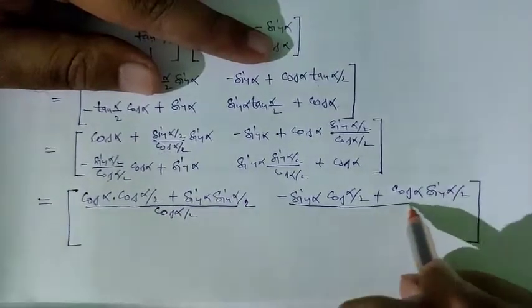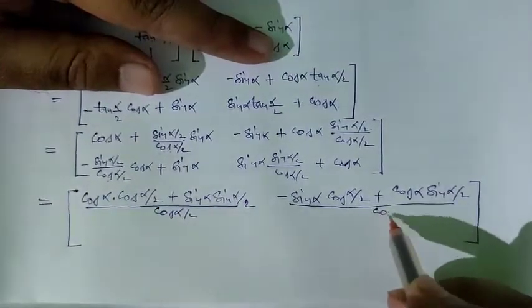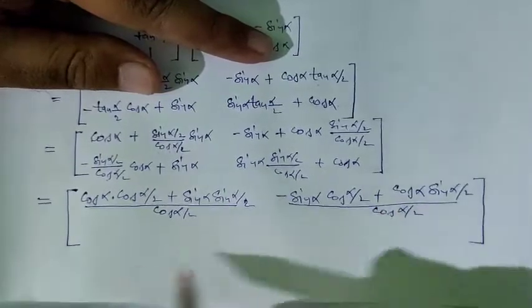Similarly here also we will have cos alpha by 2 every time.